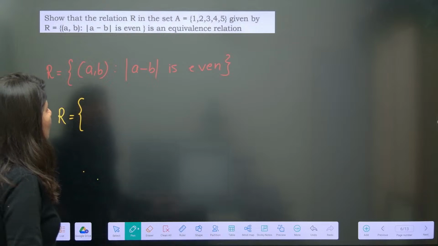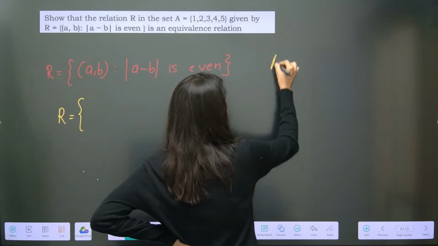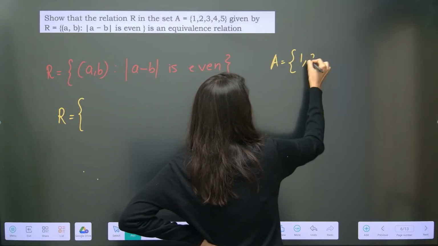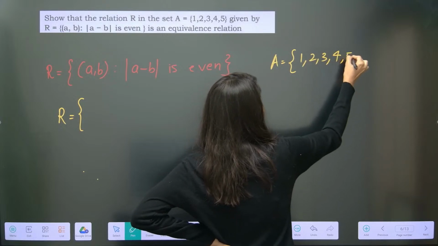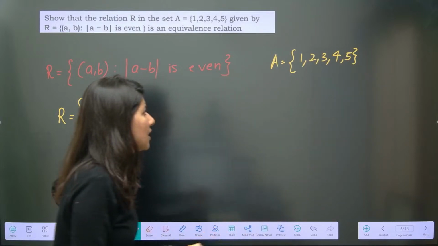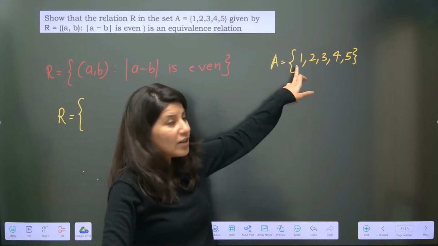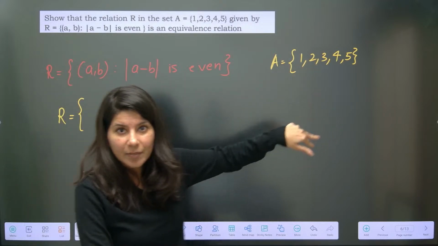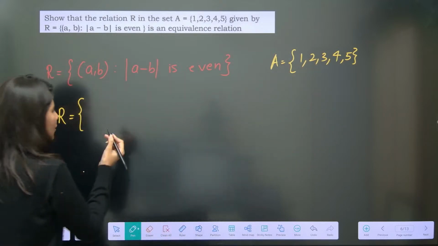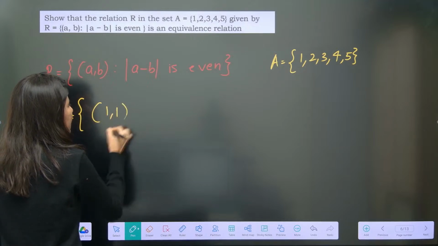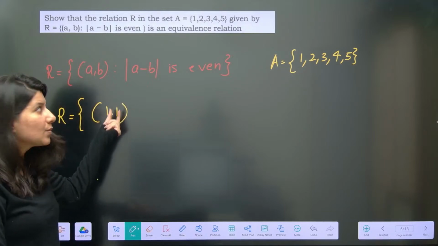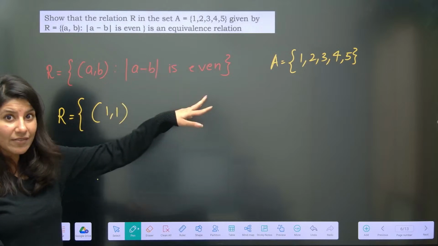You have set A which is 1, 2, 3, 4, 5. If I take the first element as 1 and the second element also 1, will it sit inside my relation? Yes. So (1, 1) will sit inside my relation. a is 1, b is 1, 1 minus 1 is 0, and 0 is an even number by the way.